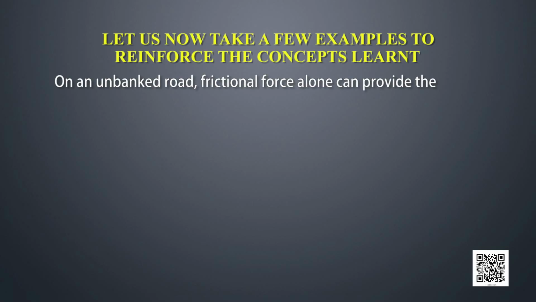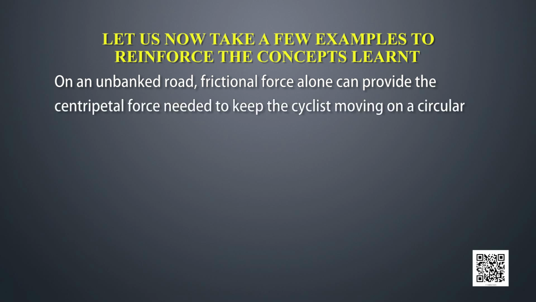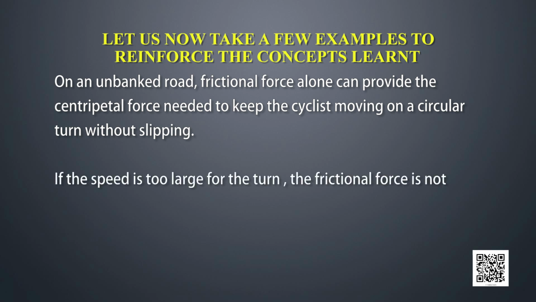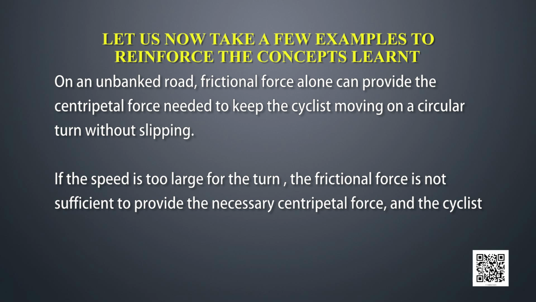On an unbanked road, the frictional force alone can provide the centripetal force required to keep the cyclist moving on a circular track without slipping. If the speed is too large, that is, it exceeds the maximum safe limit, the frictional force will not be sufficient to provide the necessary centripetal force and the cyclist will slip.